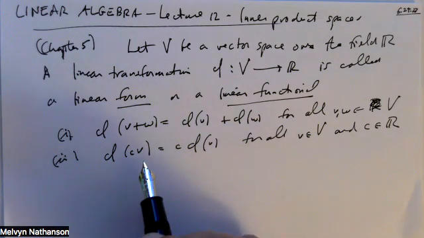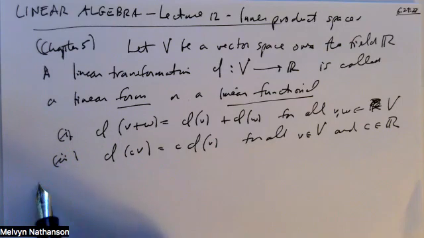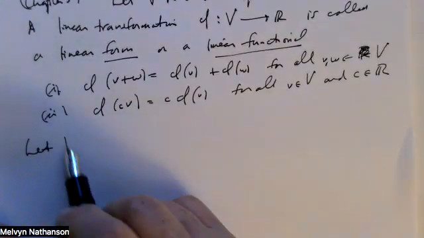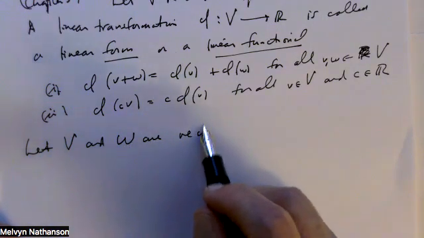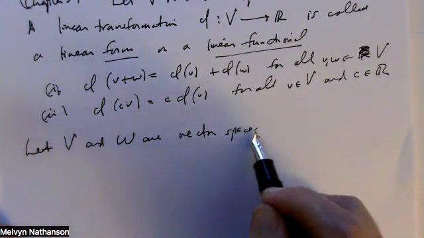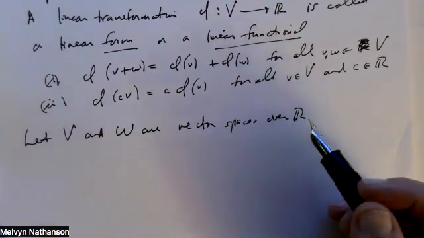Sometimes we have the following generalization of this. Suppose that V and W are two vector spaces over R. They could be the same, they could be different.